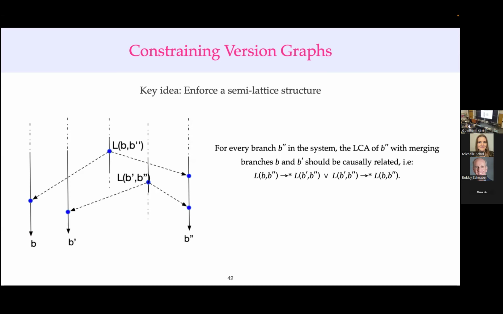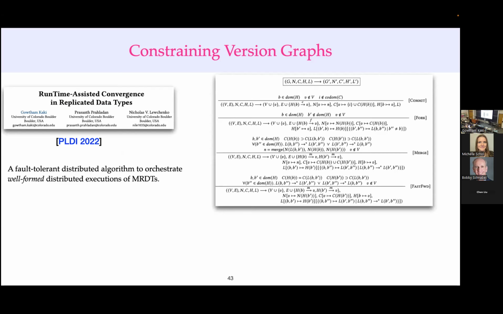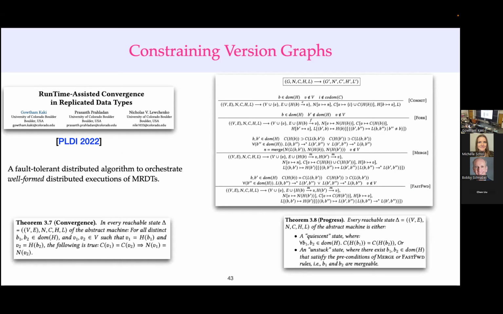So this is the intuition we actually implemented. We manifested it as a distributed algorithm, right? It's a fault-tolerant distributed algorithm that orchestrates well-formed executions of MRDTs. And this time we didn't take any chances.